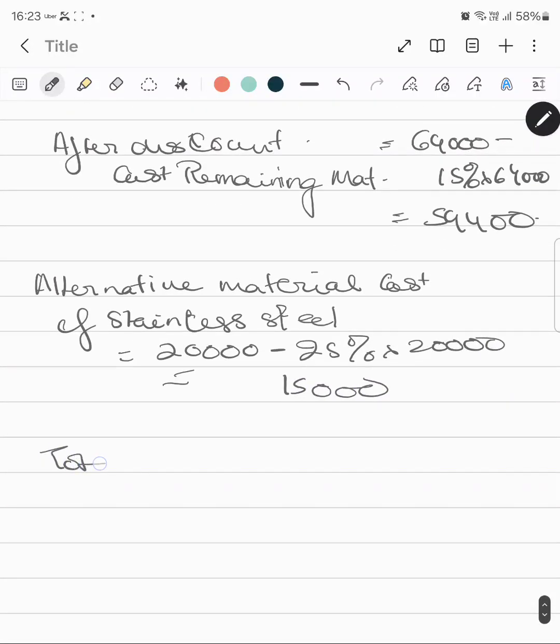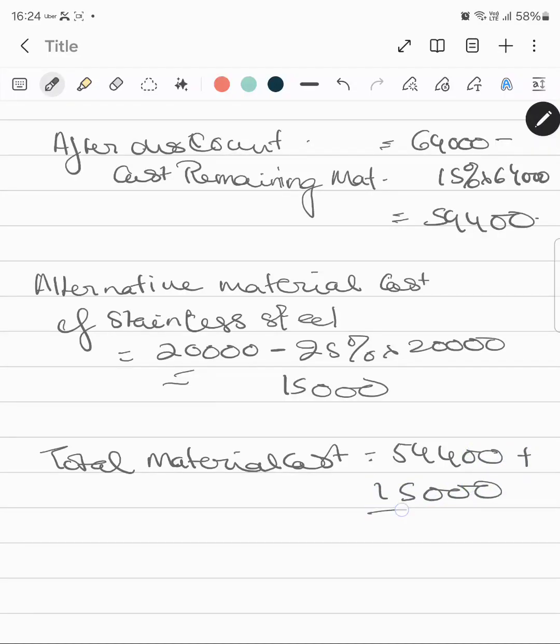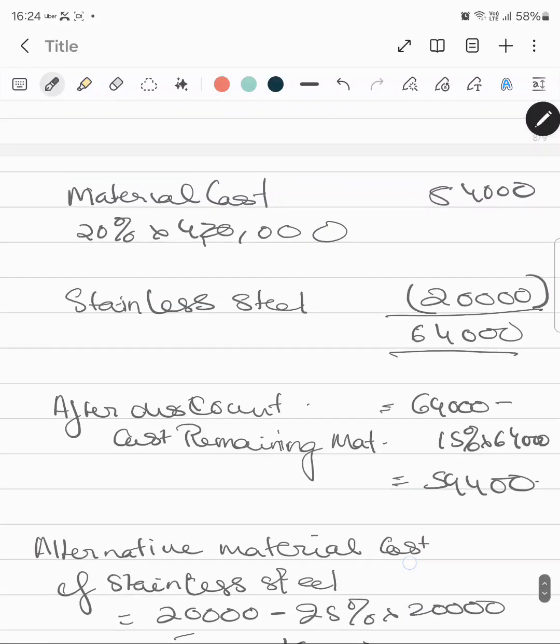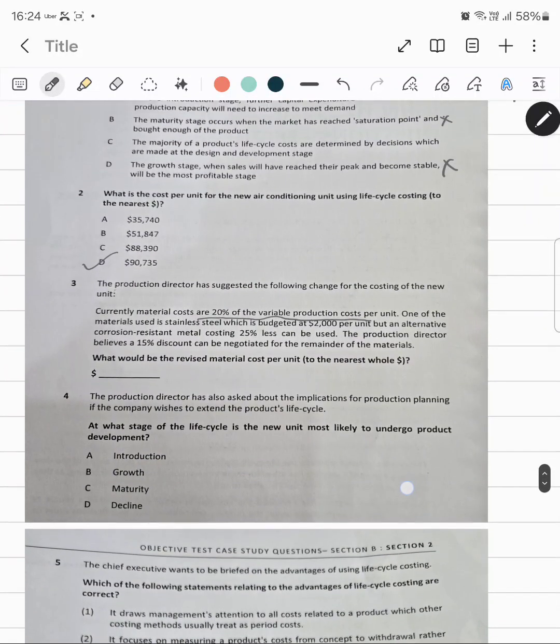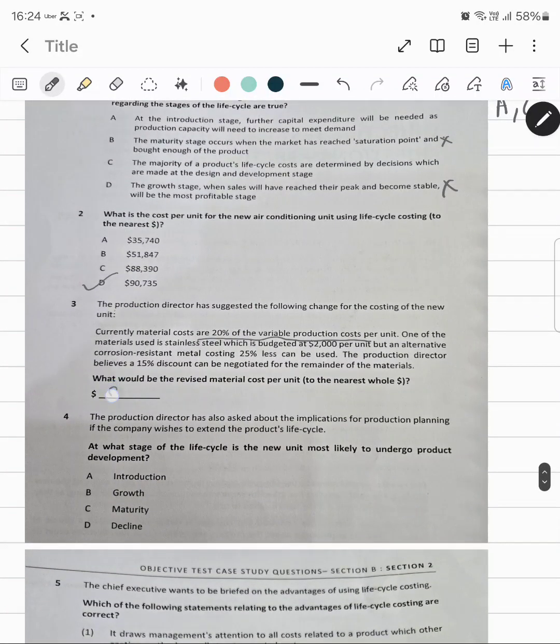Therefore, the total material cost would be 54,400 plus 15,000, that is 69,400. So your correct answer should be 69,400.